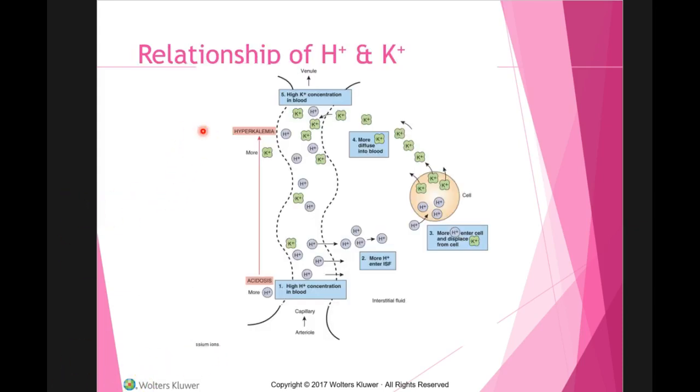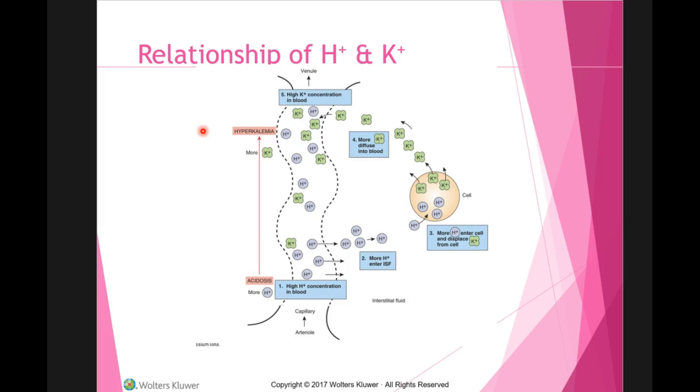You can see the relationship between potassium and hydrogen ions here. Acidosis tends to shift potassium ions out of the cell and into the extracellular fluids, and alkalosis tends to move more potassium into the cells. With acidosis, many hydrogen ions diffuse from the blood into the interstitial fluid because of the high hydrogen ion concentration in the blood.